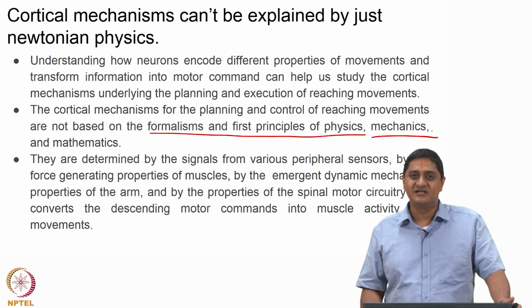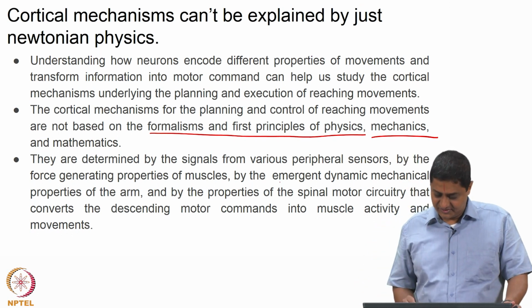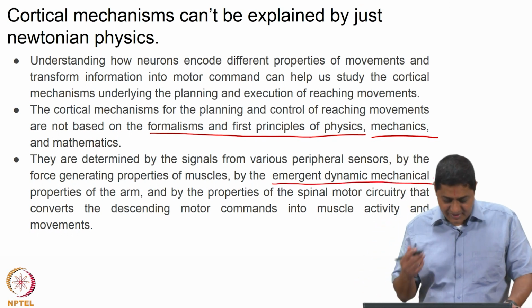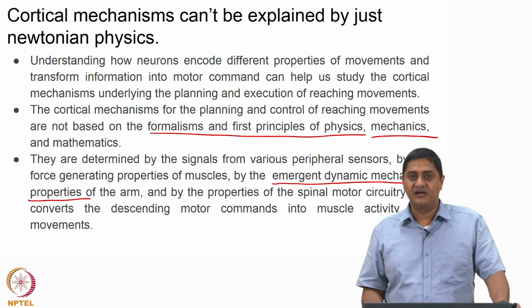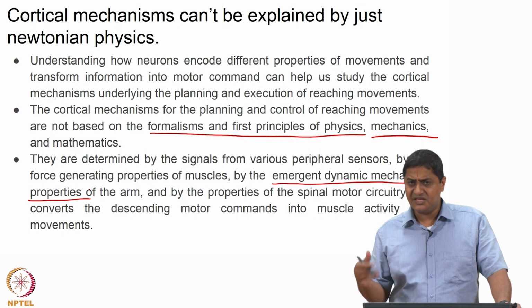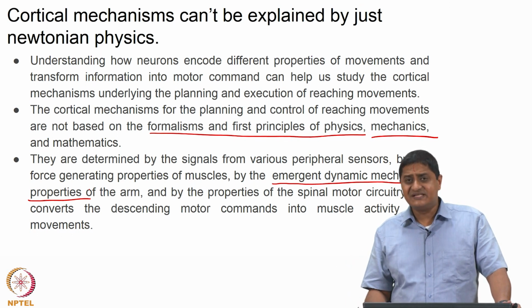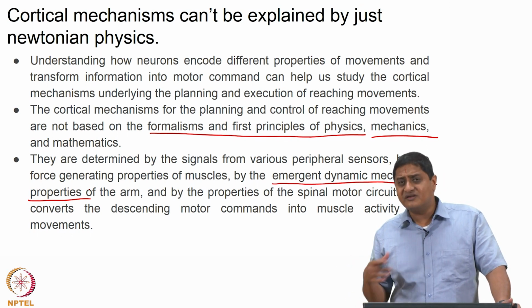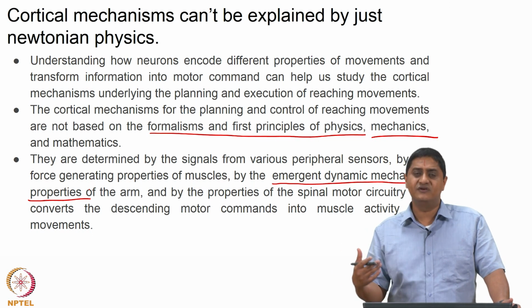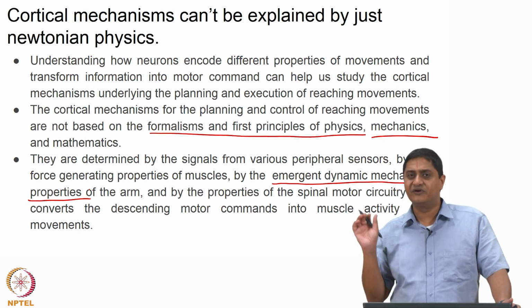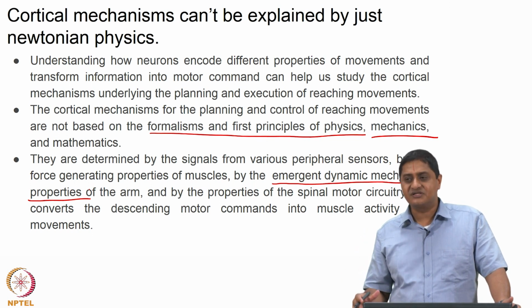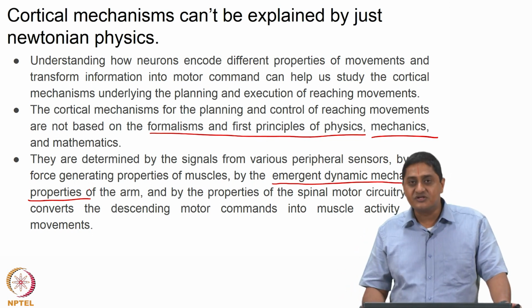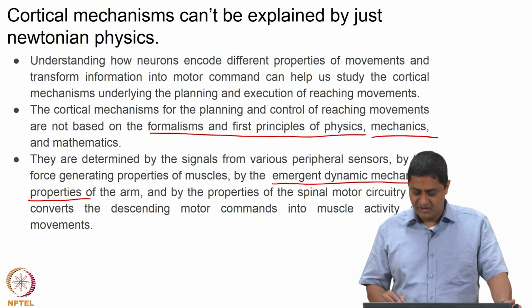So, what happens is probably an emergent outcome, important. So, these are emergent dynamic mechanical properties of the system that is encoded, that determines the outcome. But since we do live in constant interaction with the physical world, and the physical world or the inanimate world follows Newton's laws, a lot of our actions or all of our actions also follow Newton's laws, but we do not solve F is equal to ma.